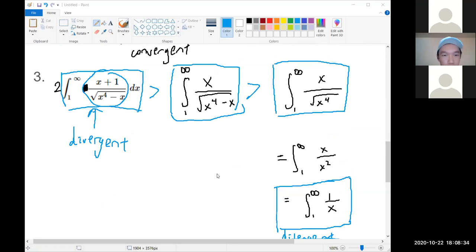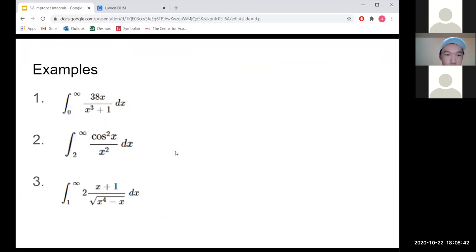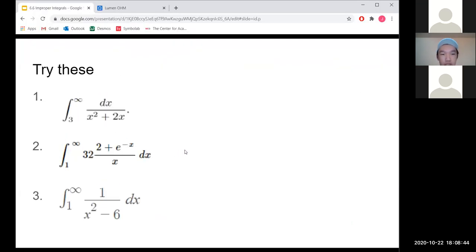Anyways, I'm going to put some more examples up for you guys to practice. I want you guys to try these. Remember that you always want to compare the original integral to an integral that we already know, usually 1 over x to some power p.